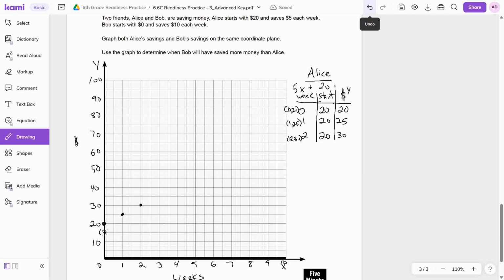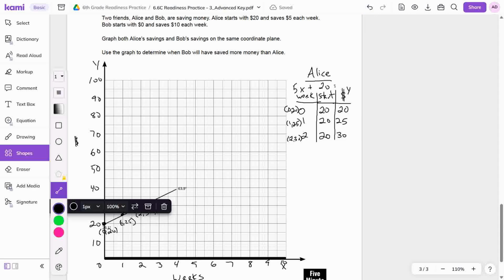And we can label them 0, 20, 1, 25, and then 2, 30. If we draw a line, there we go. All right, so that is going to be our line. So that is going to represent what we have for Alice.